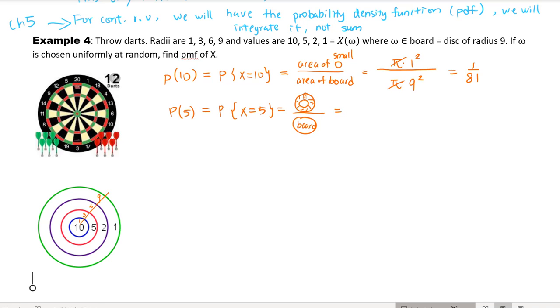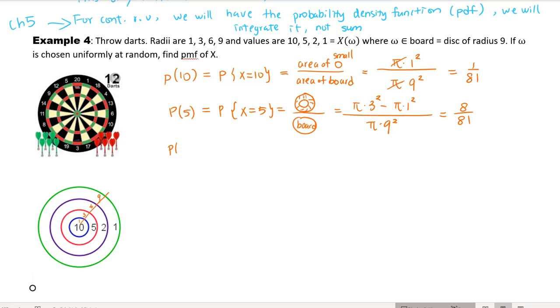So this annulus is pi times 3 squared for the outer circle with radius 3, minus pi times 1 squared, over the board, pi times 9 squared. So the pi's cancel, and 3 squared is 9, 9 minus 1 is 8, 8 over 81.